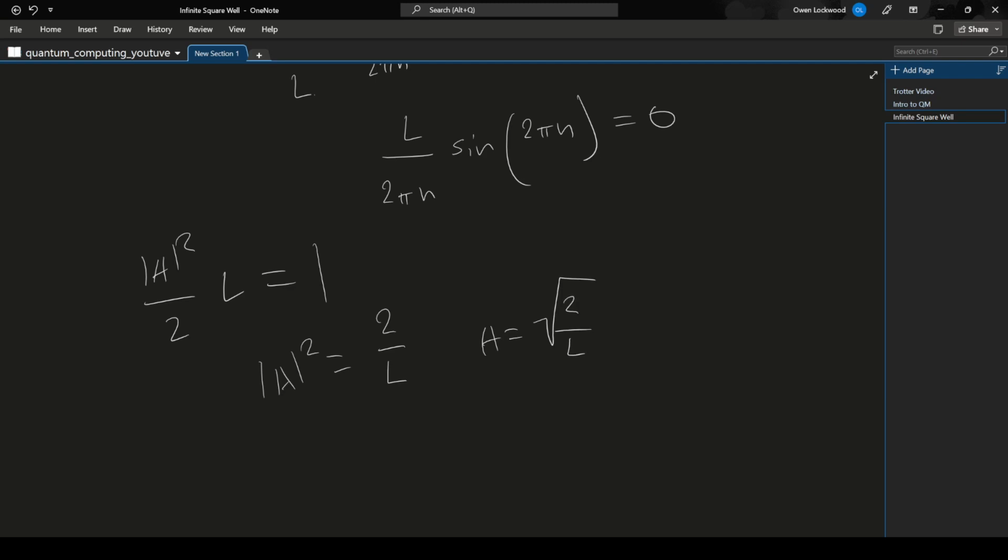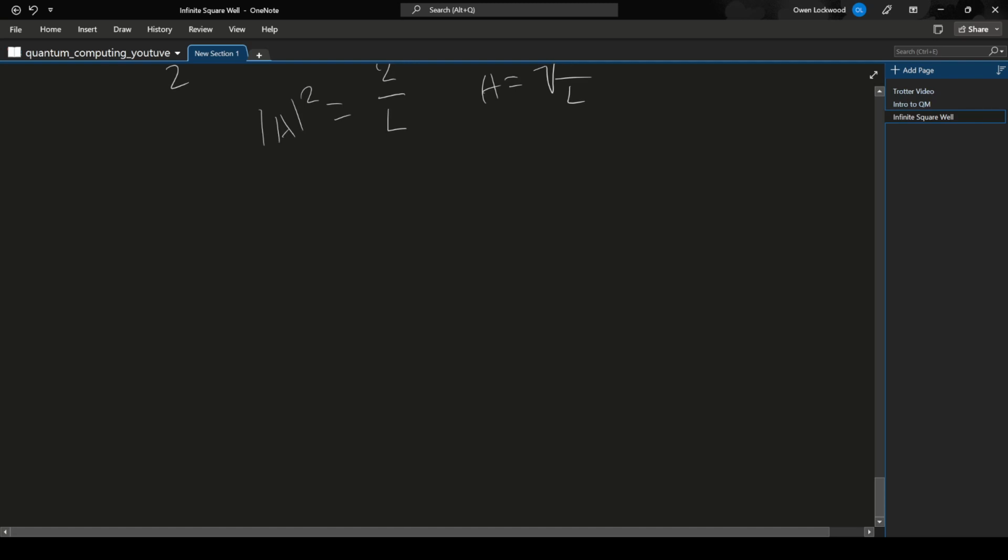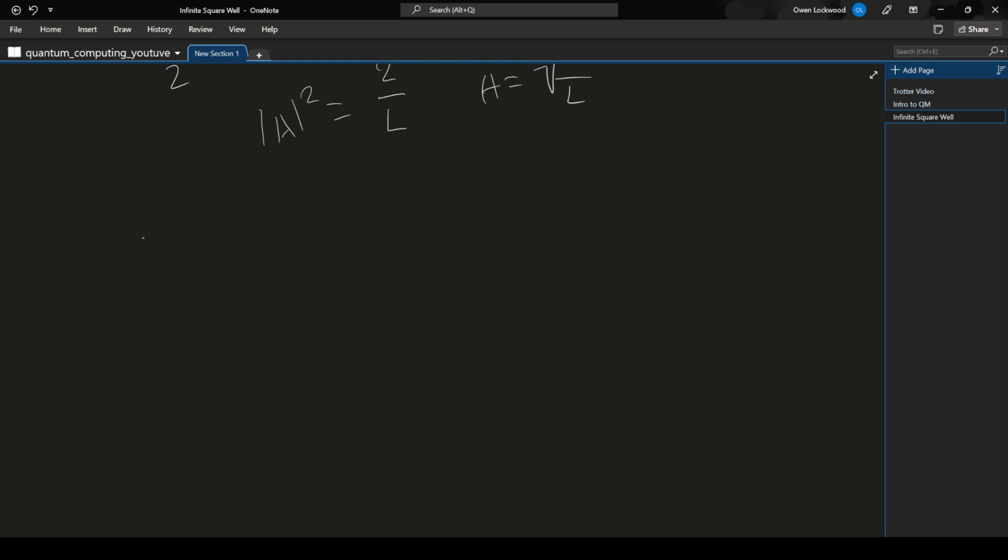And now we have our normalization constant, which allows us to write the true and normalized solution to the infinite square well potential Schrodinger wave equation. I'm reintroducing time here. So we have our time, e to the negative i E t over h bar. We already solved this. This is just generally true.